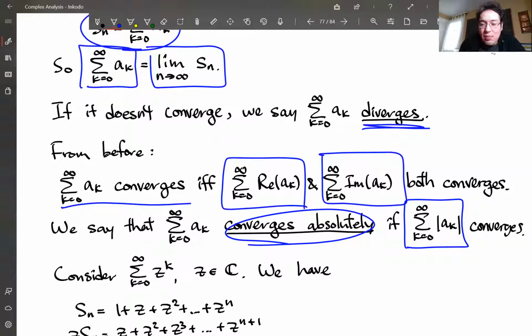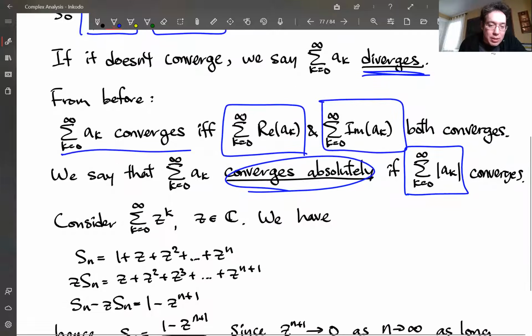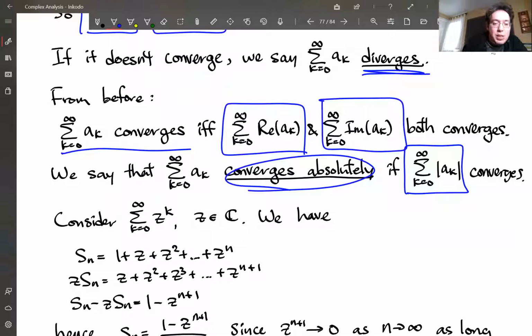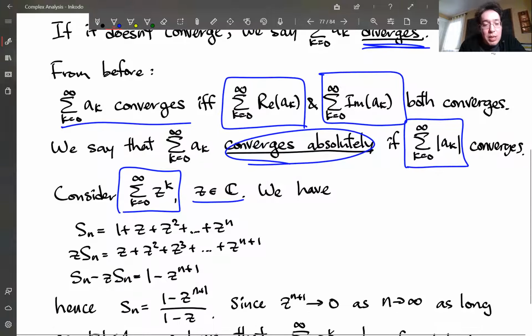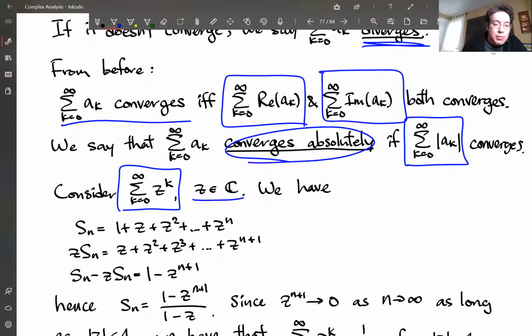Okay, let's review a very important series. So let's say we're taking the sum of z to the k, and the power k is increasing from 0 to infinity for any complex number z. So the partial sum would be adding 1 through z to the nth power.